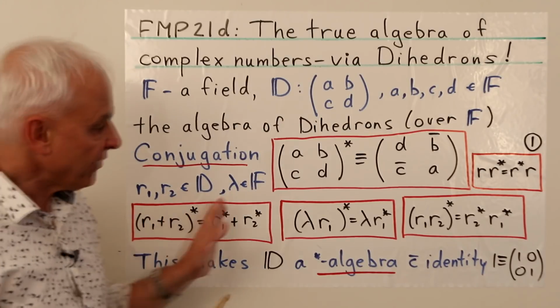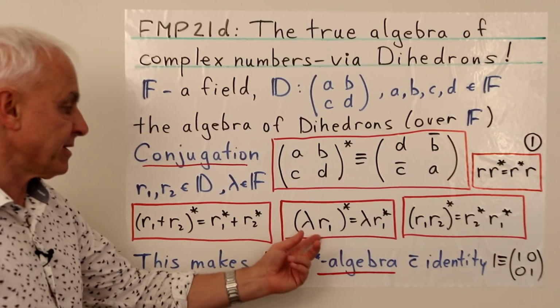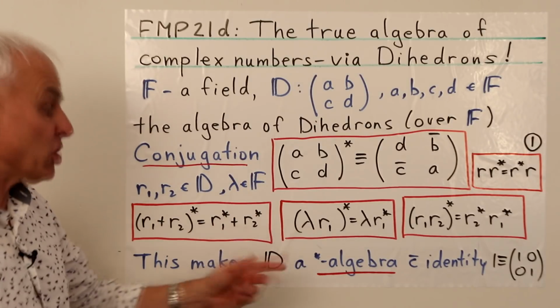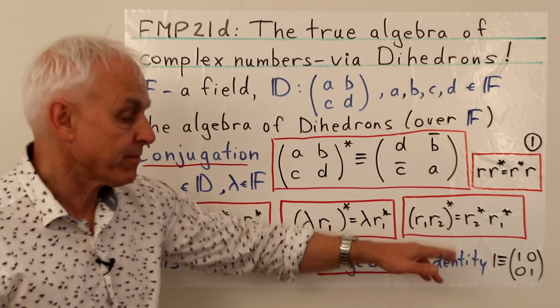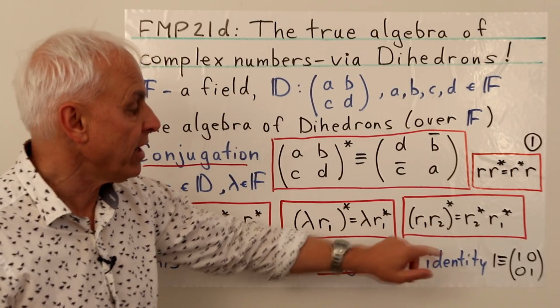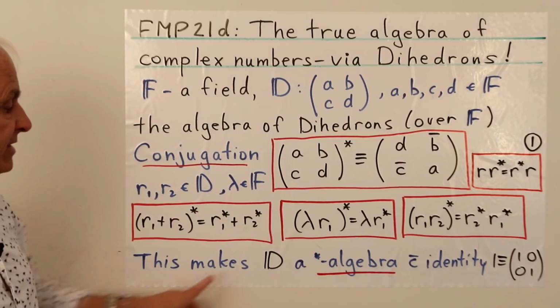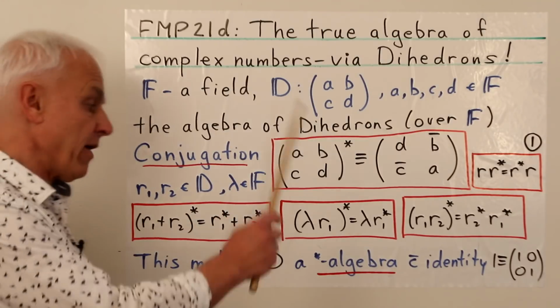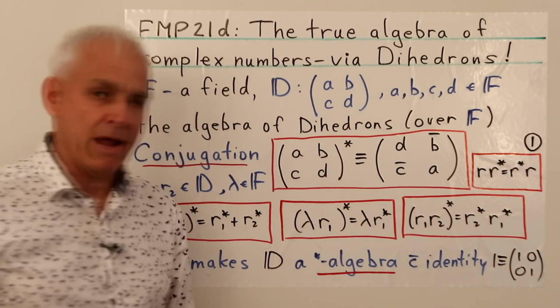Okay, so then this conjugation has some key properties. It's linear, both with respect to addition and with respect to scalar multiplication. And crucially, it has this adjoint property that the star of R1 R2 is R2 star times R1 star. So this makes the dihedrons a star algebra with identity being the usual identity matrix.